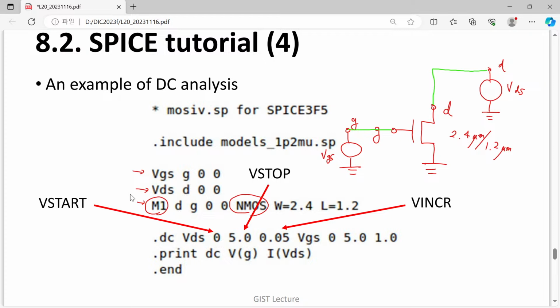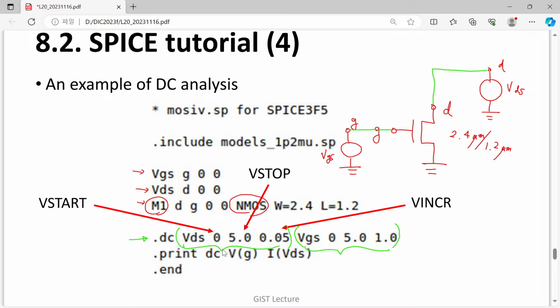After that, we want to perform the DC analysis. Here, it looks quite complicated, so please find this kind of distinction: there is one specification and another specification.